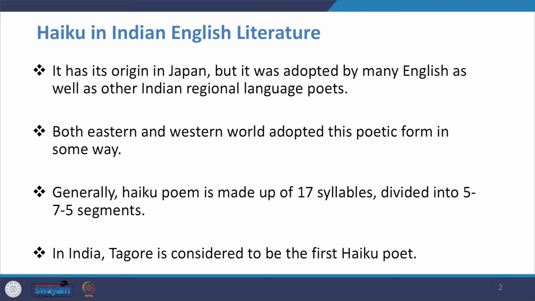It is quite noteworthy to mention here that one of the veteran poets and novelists, Ageya, whom we know by the name Sachidanand Hiranand Vatsyayan, also practiced his hands at writing some of the haikus. Haiku, as we have discussed, is a poem which is made up of 17 syllables divided into 5, 7 and 5 segments. Most of the haikus are 3-liners.